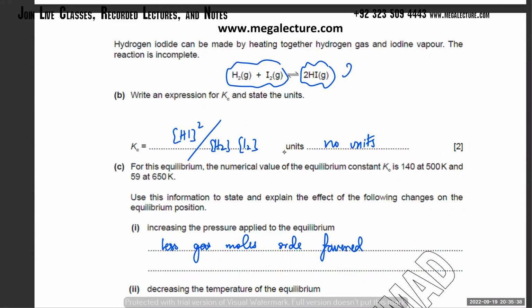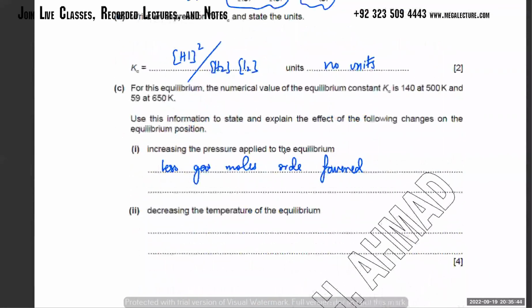Both sides, you got 2 moles of gas. So applying pressure will have no effect on equilibrium position, because you got equal moles of gas on both sides.